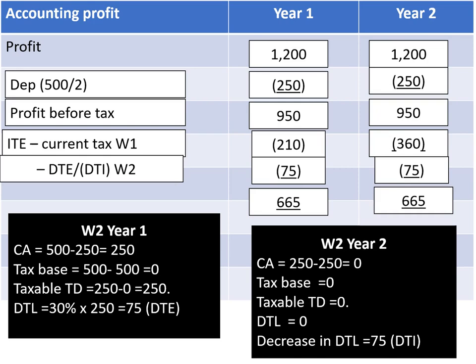It should actually be an addition, because if we take 950, let me just pop it quickly into my calculator. If we take 950 less 360 plus 75 gives you 665. So yeah, for year 2 it should be an income. So instead of a deduction in brackets, that amount should not be in brackets.